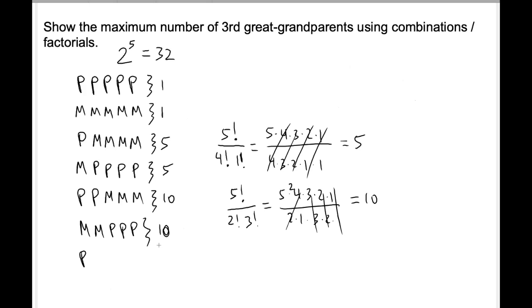So we stop there, and that should be everything, because if we went further we would be going backwards until everyone is a single letter, either M or P. Now we can just count everything, and you're going to see that it gives us a total of 32: 1 plus 1, 5 plus 5, and 10 and 10. That's 20, 5 plus 5 is 10, so 30, and then 1 plus 1. So that's going to be 32 third great-grandparents.